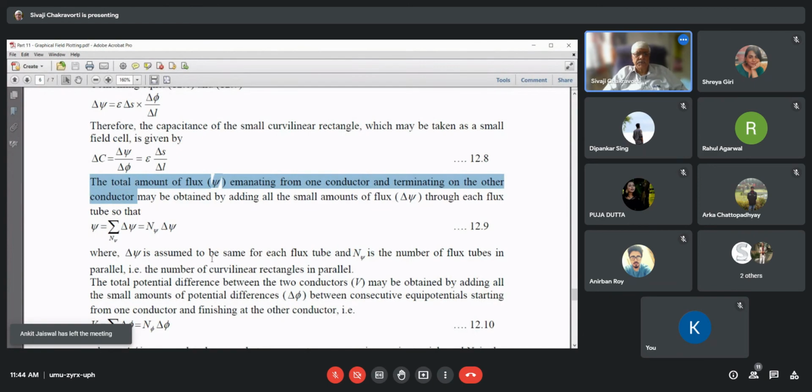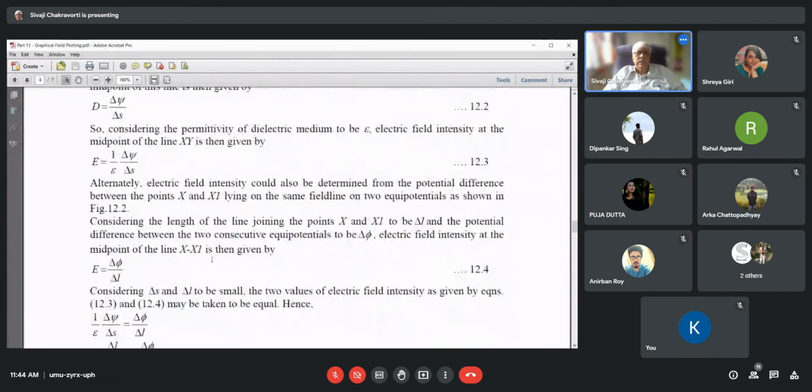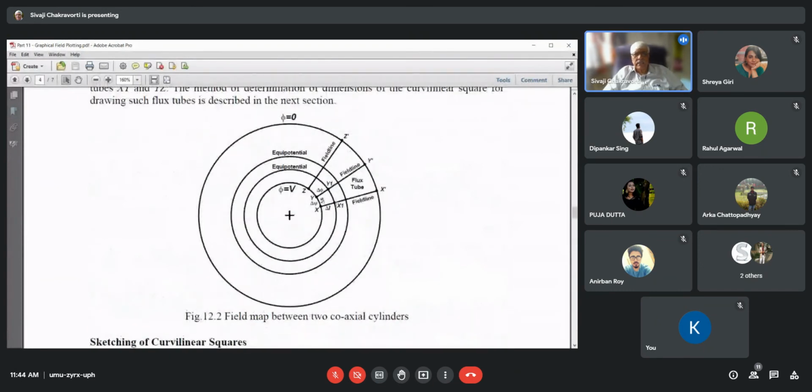How can I get that? Well, it comes back to like here again. See, this is the conductor, and we are saying that between 2 points x and y, the flux is del psi. And in this way, if there are an infinite number of such small elements, then the total flux is del psi into n psi.